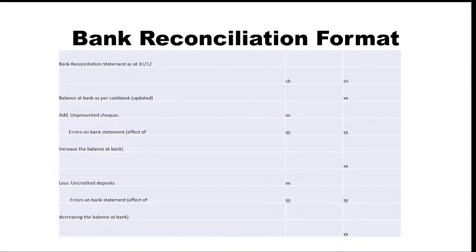So let's look at the format. We start with the bank reconciliation statement as at that year or that period of time. Then we have the balance at bank as per cash book updated, so we have to update the balance on the cash book.